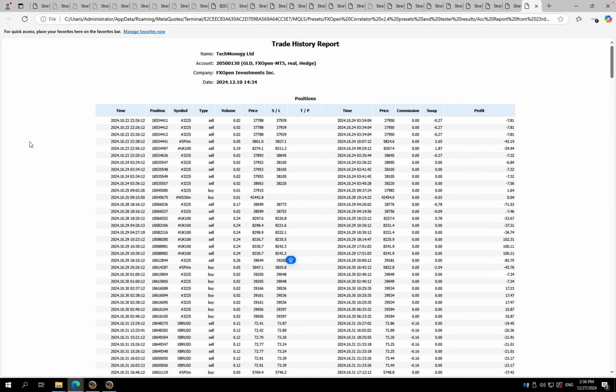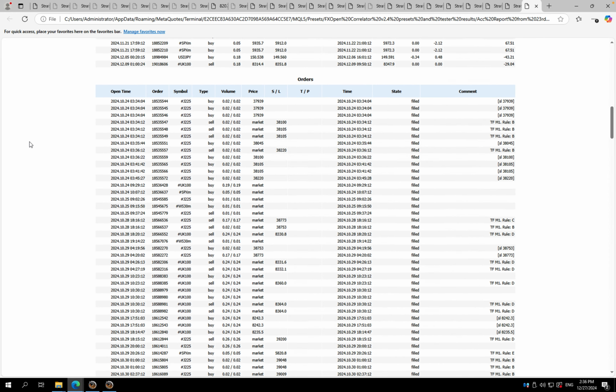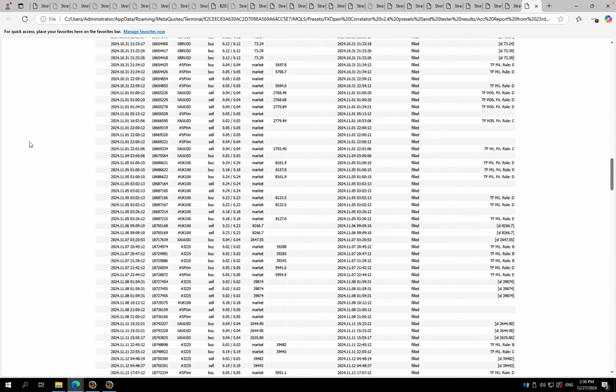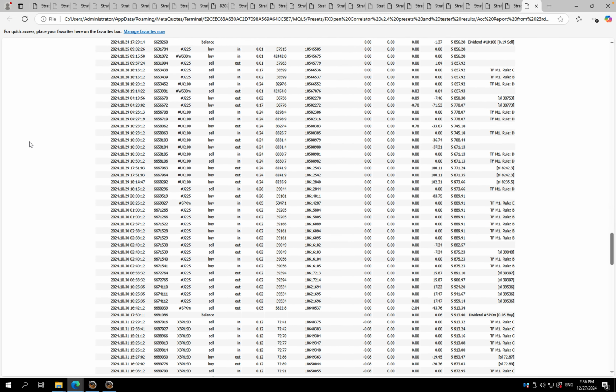So that's about 6 weeks, and it's taken all these trades. Let's see how the account has performed with all these strategies over a 6-week period.